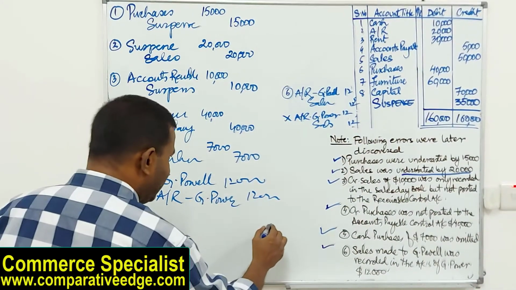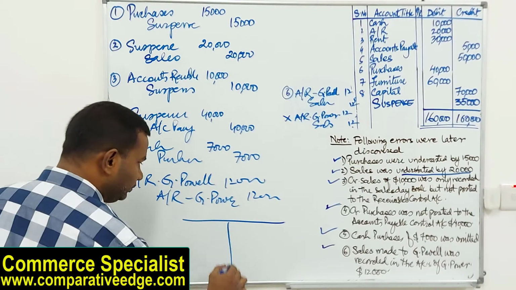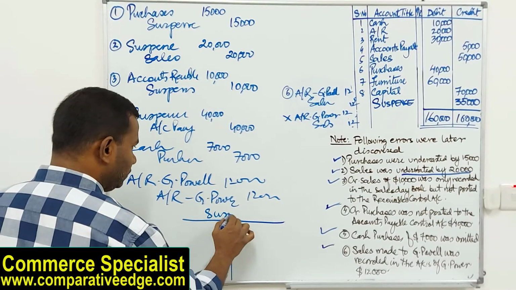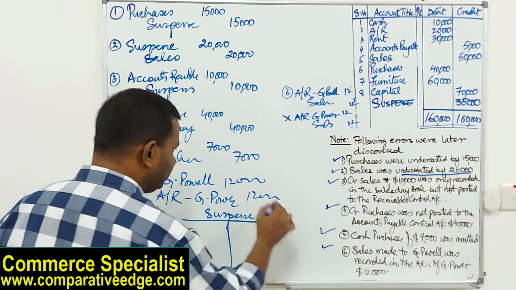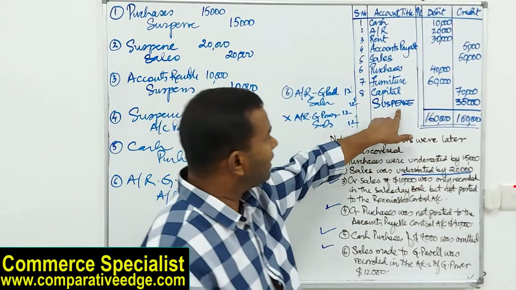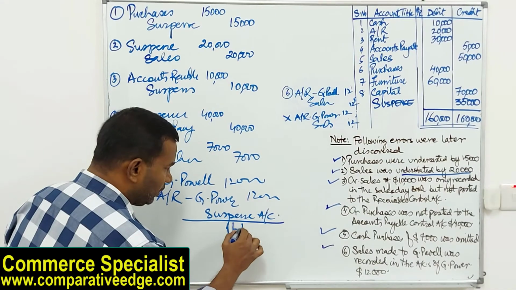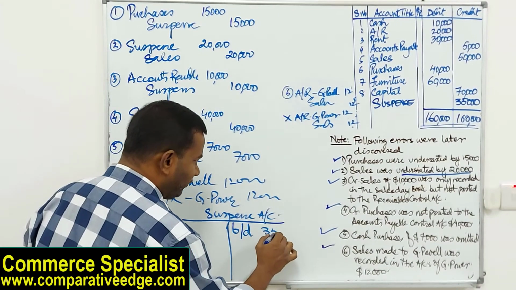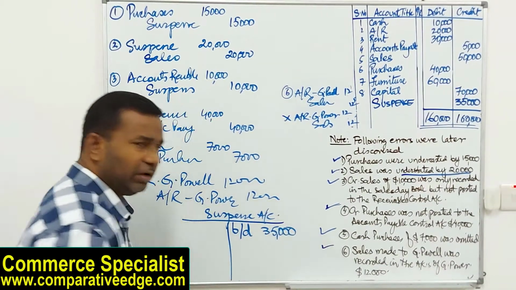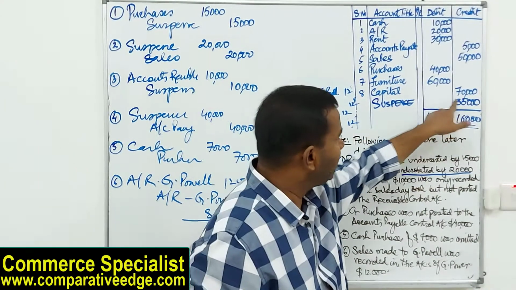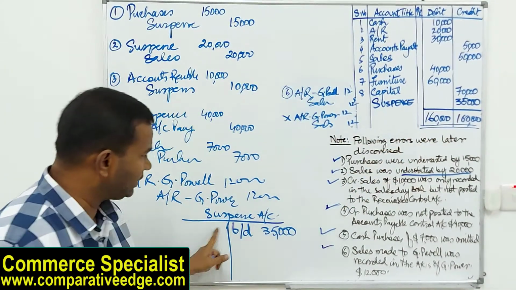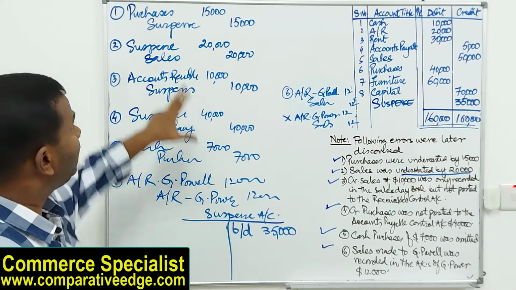So guys, I'm preparing a suspense T account here. Suspense account. If you look at the trial balance, suspense has a credit balance. So I'm going to put a brought down balance of 35,000, which I got from the trial balance. Had it been here, I would have taken a debit balance. It's a credit balance. Now let's post the entries.